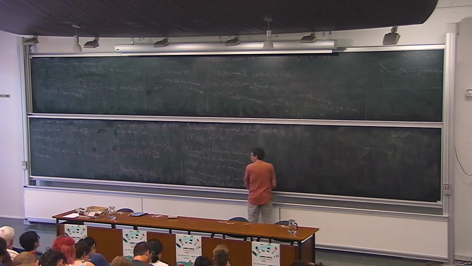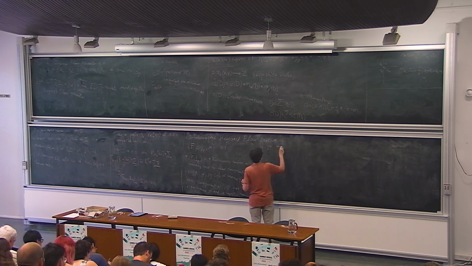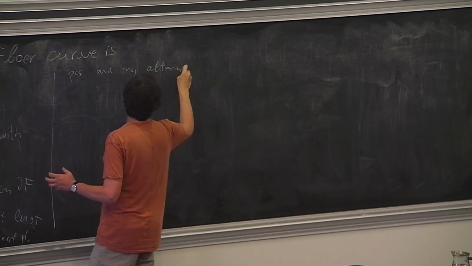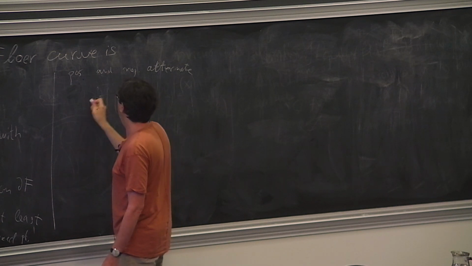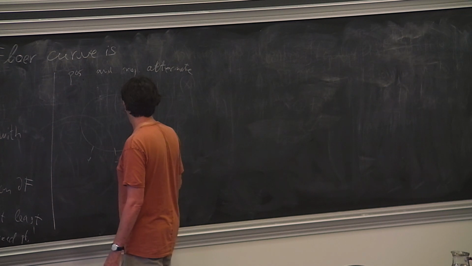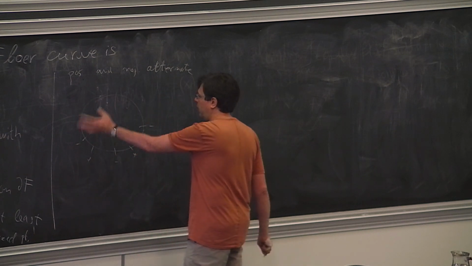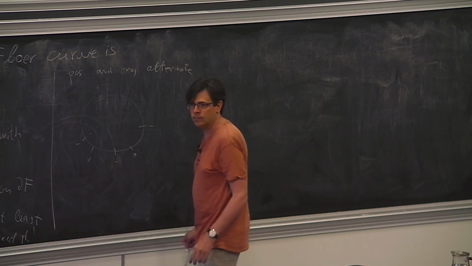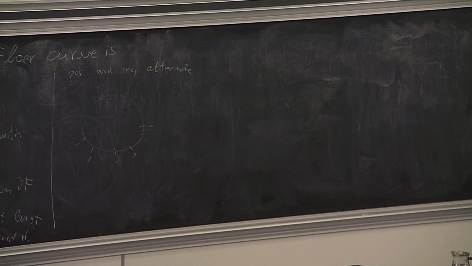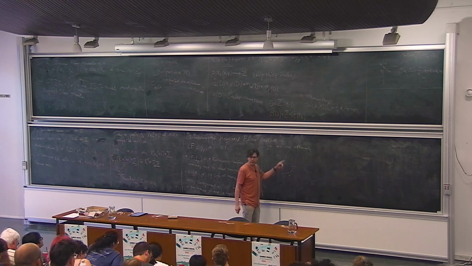And positive and negative marked points alternate. So if you have some boundary component like this, you will have a positive one and then a negative, a positive and a negative, and so on. So it will always be even in a boundary component. On the other hand, the numbering here doesn't really have much to do with the order in which they appear on the boundary.